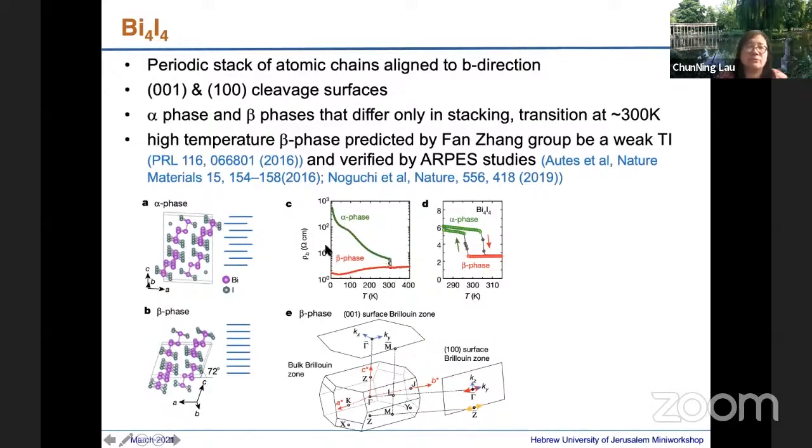In this work from a Japanese group, they were able to achieve the beta phase at low temperature by rapidly quenching the crystal. This high-temperature beta phase has been predicted by Fan Zhang's group, our theory collaborator, to be a weak TI, and this has recently been verified by ARPES studies.